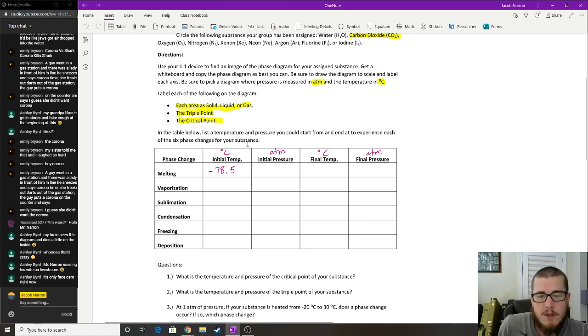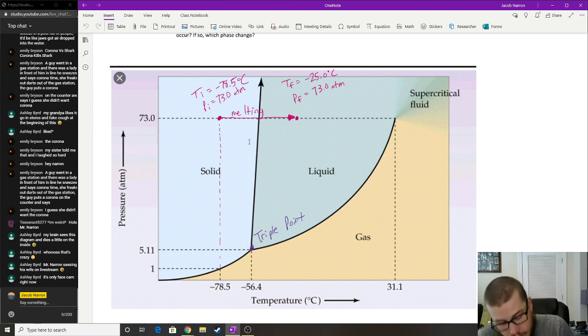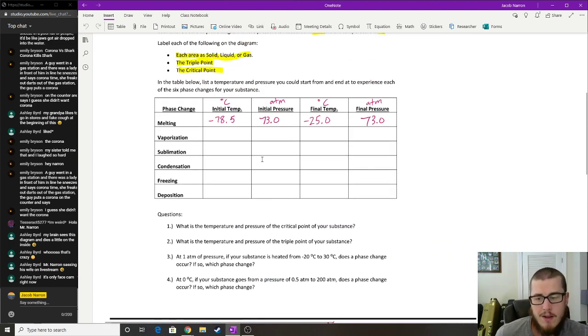That'll make my life a little easier. Initial pressure, I can see right here is 73.0. Final temperature, negative 25.0. Oops, let me write that. And final pressure, still 73.0. So see, I'm just putting everything in. And see, that counts as melting because look, I started as a solid and I went into a liquid.